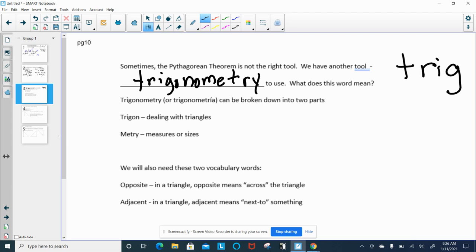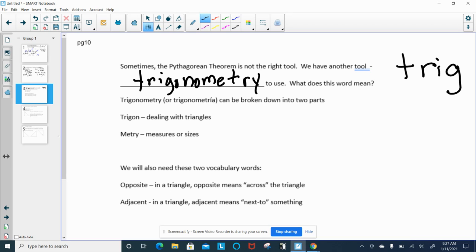Trigonometry means dealing with triangles and their measures and sizes. Trigon means dealing with triangles. Metry means measures or sizes. So when you put the two together, we're talking about triangles and their measures or their sizes.